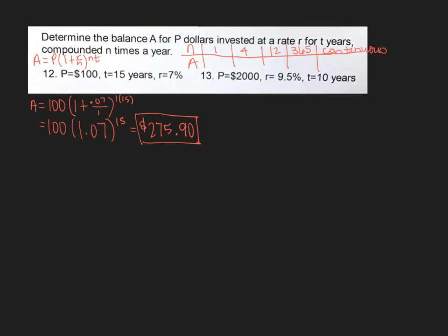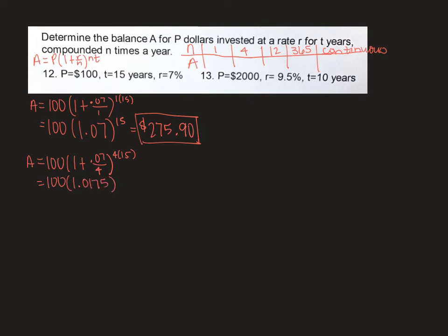So now we're going to look at 4 times a year. Same exact thing, but we're dividing that 0.07 by 4, and we're multiplying that 15 by 4. So 0.07 divided by 4 plus 1 gives us 1.0175.